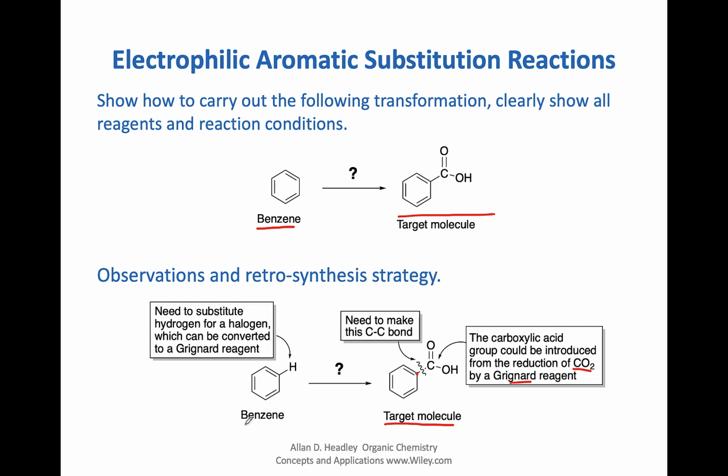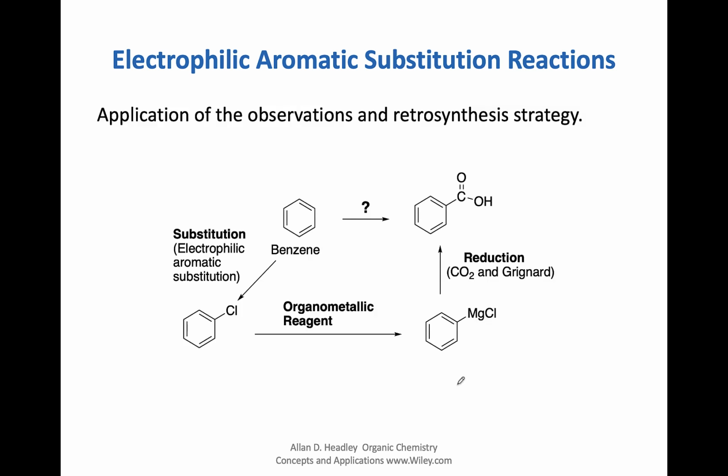However, if the starting material is benzene, it has an H, so we'll have to convert that H to a halogen for this reaction to work to get our Grignard. So once you have figured out what's needed, it's just a matter of putting together the type reactions and reagents. So the type reactions that's needed here is a reduction of carbon dioxide using a Grignard.